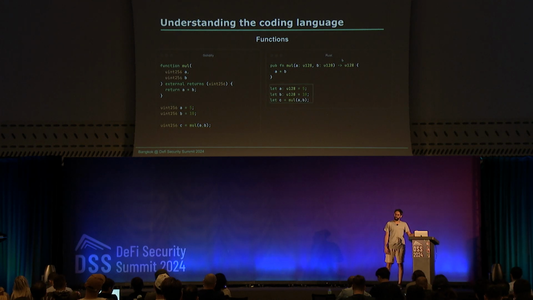And to use it, you declare these two variables and just use it normally like Solidity. So there isn't too much difference to get the basic knowledge of Rust. From now on, you can already identify some parts of the logic of the code.